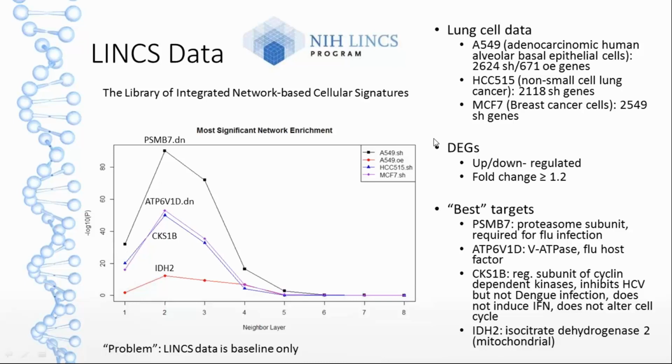On the other hand, I also tried out a breast cancer cell line, which of course has nothing to do with influenza, but it has a similar number of genes involved, and I was just curious what's going on. The interesting thing is that we actually found some genes. What you see here is this curve, which is the enrichment, the minus log p-value of the best responding gene in the network neighborhood.